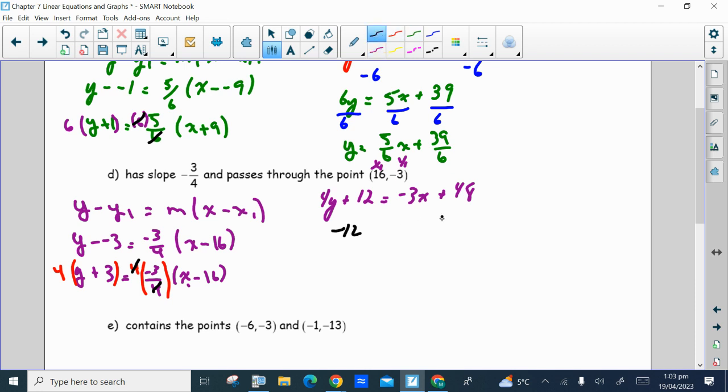Remember, slope-intercept form means having y by itself, so I'll subtract the 12 from both sides, which will leave us with 4y on the left equaling negative 3x plus 36, and then we will divide both sides by 4.